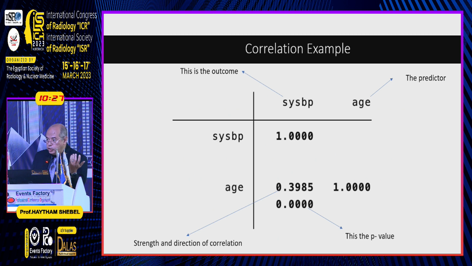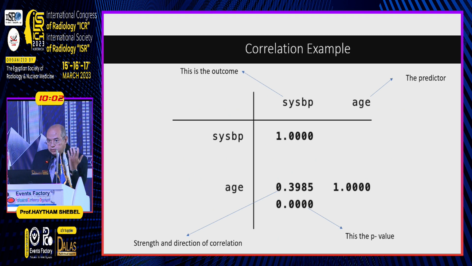So the next question, what's the direction of this correlation? Is it positive or negative? If we look at this coefficient, we find that there is no minus sign. As long as there is no minus sign, this means that this is a positive correlation. It means that as age increases, there is a prediction of increasing systolic blood pressure.